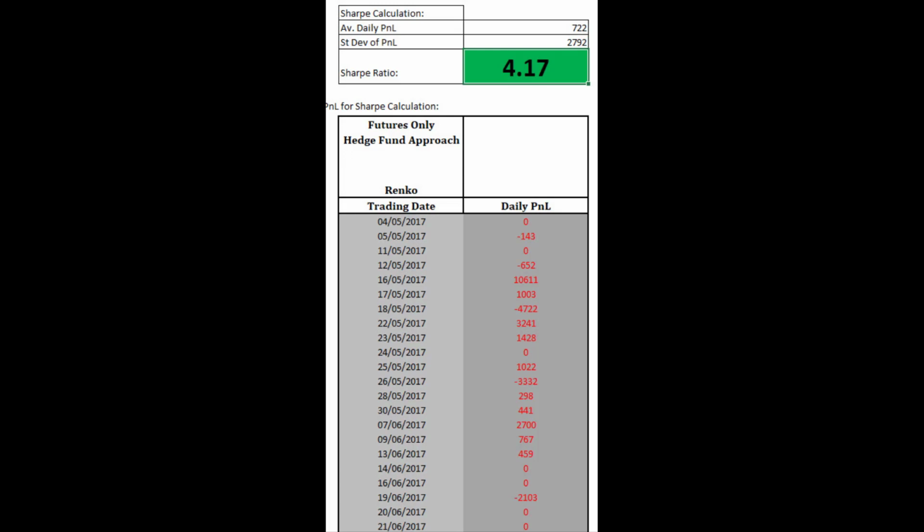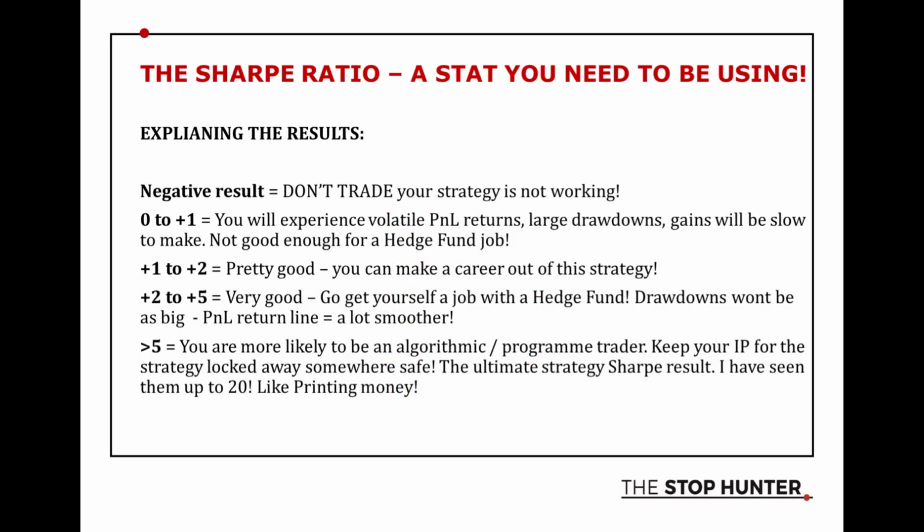But what does that 4.17 exactly tell us? Think of the Sharpe ratio number as the consistency of your P&L going up, say, the side of a mountain slope. The more it deviates from that nice maybe 45-degree slope line of the mountain, then the lower the Sharpe ratio.